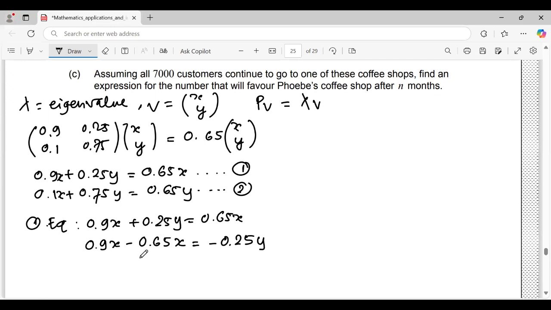So it becomes 0.25x equals minus 0.25y, or x equals minus y, or y equals minus x.